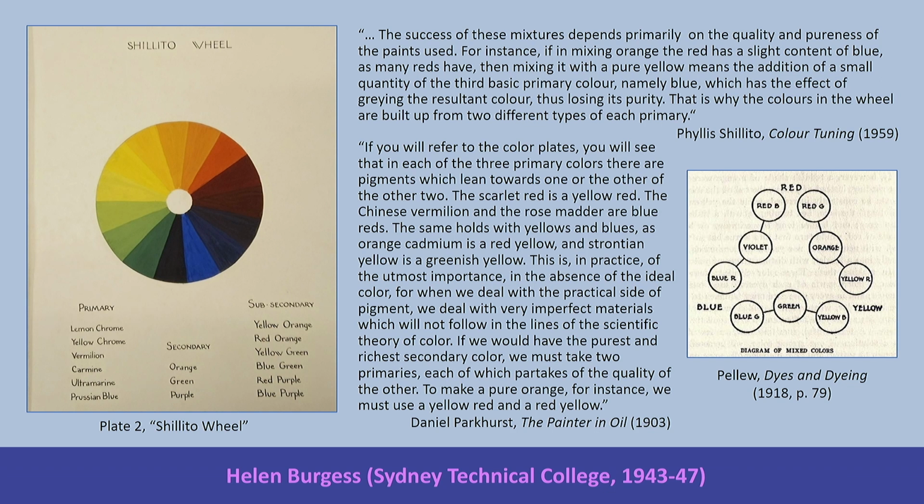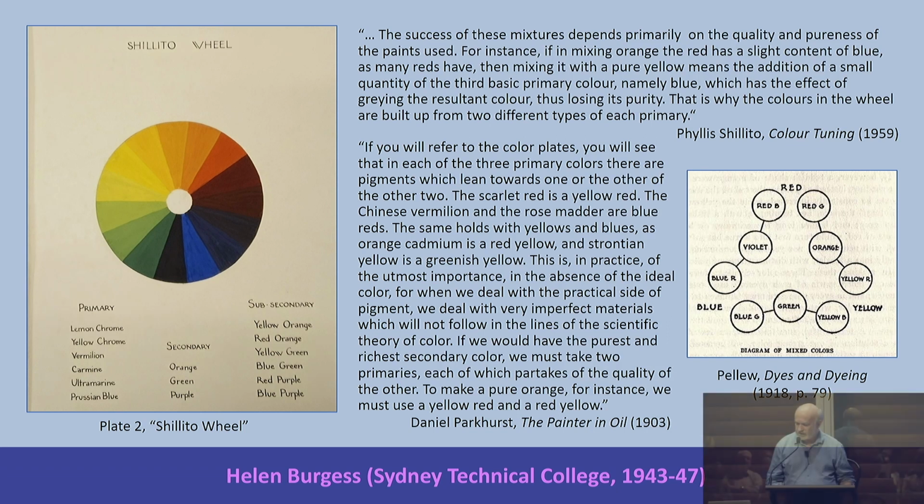And this idea of having two paints for each primary is in writing for painters from at least 1903, which is the reference I've got there. There's one diagram showing that in graphic form, but it wasn't commonly used, at least it wasn't commonly illustrated as a colour wheel at this stage.